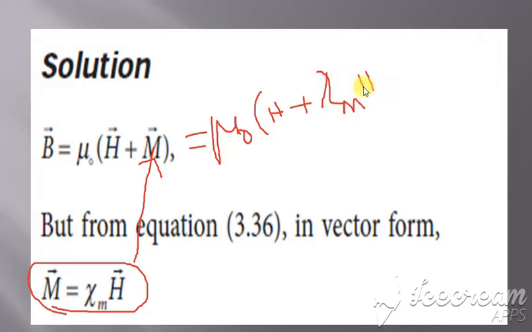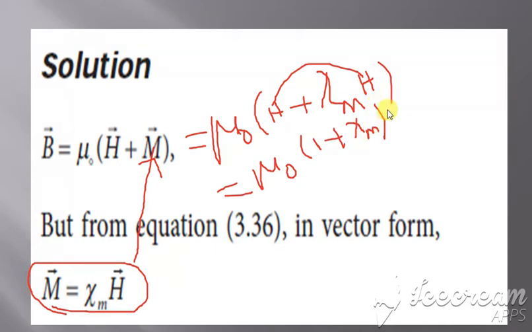Now in both terms, H is common, so this can be written as mu naught into (1 plus xi m) into H, because we are taking H outside. This is the value of B.